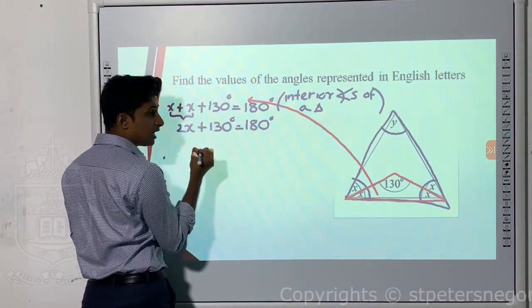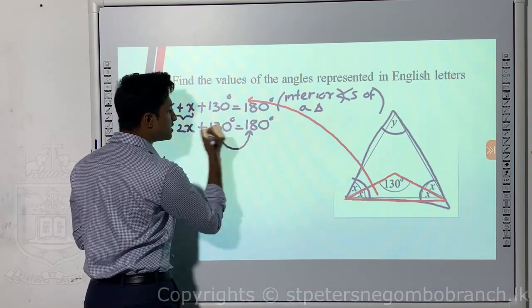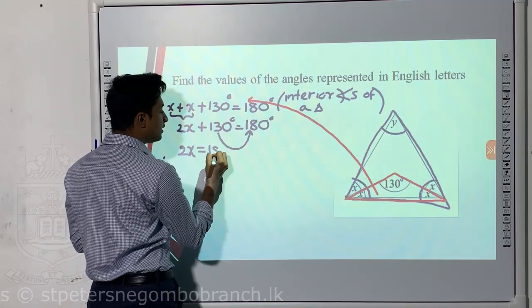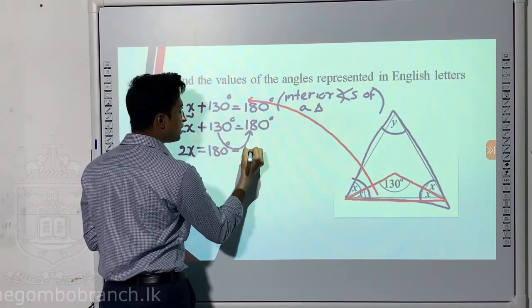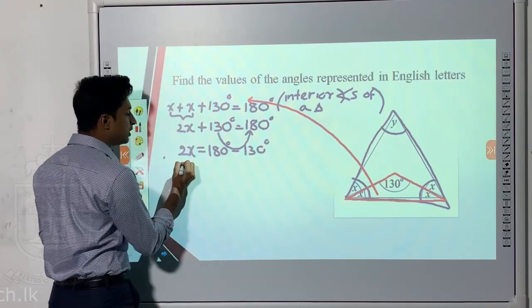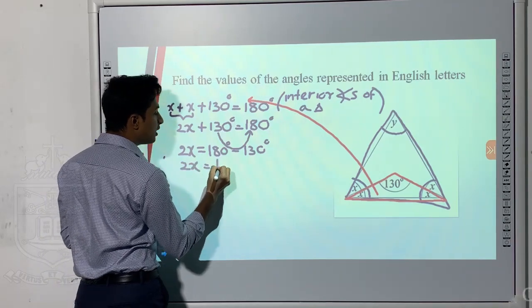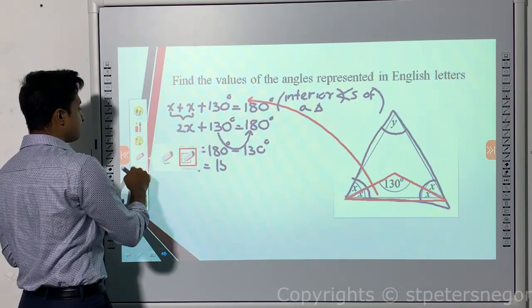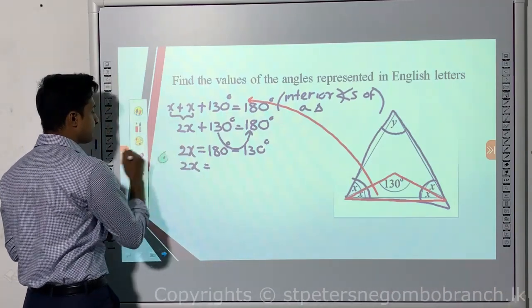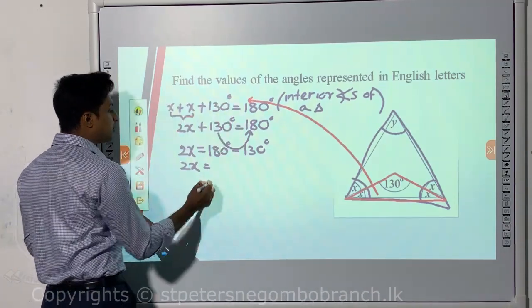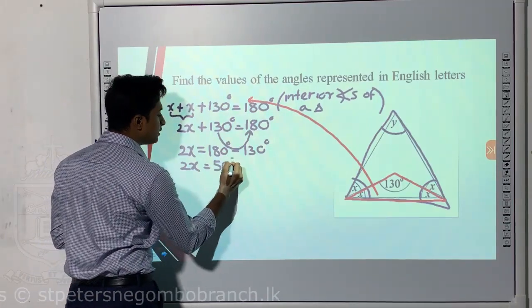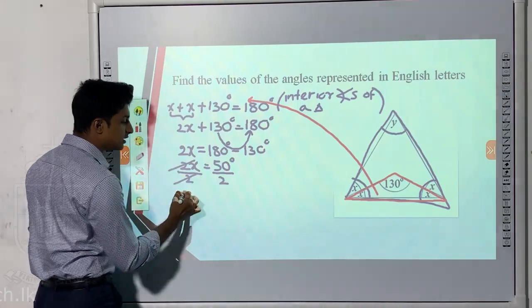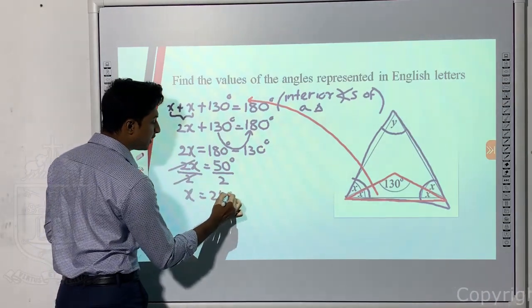So now from this, I'm going to take 130 to the other side, then 2x will be equal to 180 minus 130. 2x is going to be equal to 50. Then divide both sides by 2, then 2 will cancel, and x is going to be equal to 25 degrees.